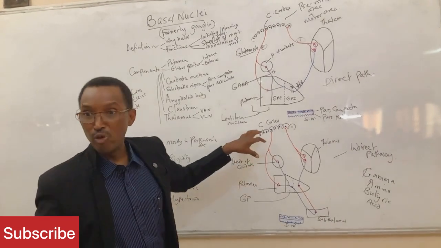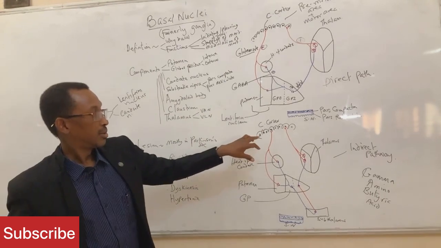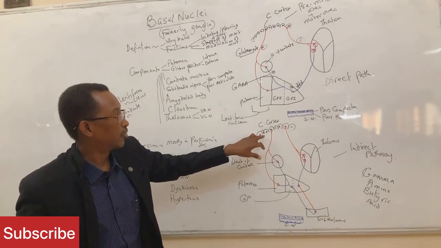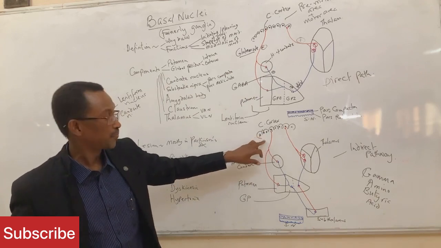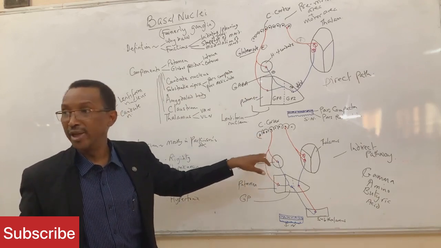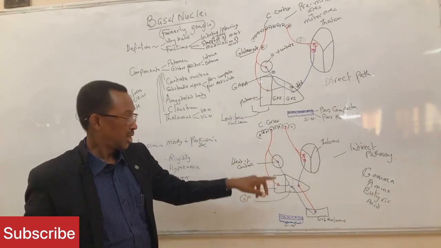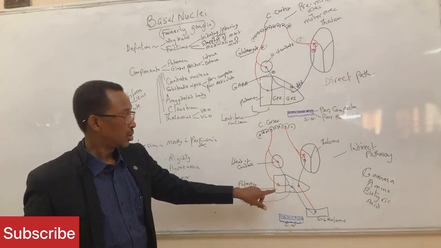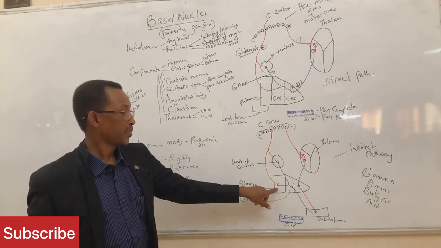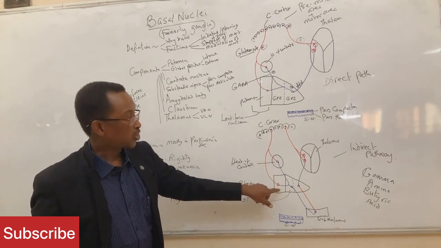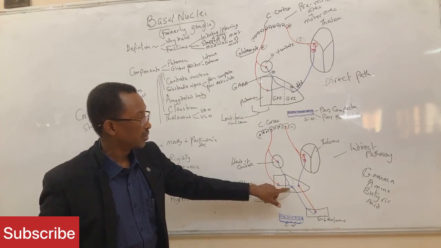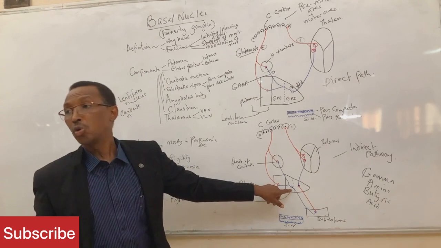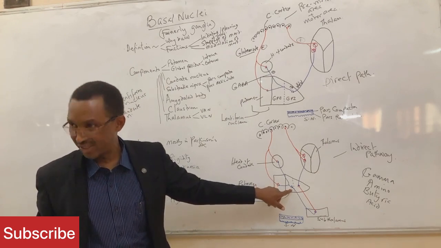as the information to plan movement comes from the premotor cortex. It just passes exactly the way it passed in the direct pathway. It goes to the caudate nucleus, goes to the putamen, and from the putamen the second order neuron now begins from the globus pallidus externa this time around.